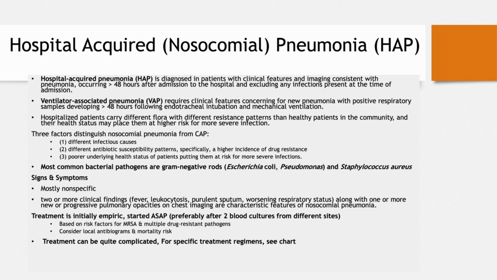And you're going to assess risk factors for MRSA, multi-drug resistance, and you're going to consider local antibiograms. So within each hospital system, they have their go-to drugs because their pharmacists in-house keep an eye on the bugs and resistance rates locally. And so they help direct your choosing of whichever antibiotics you'll need.